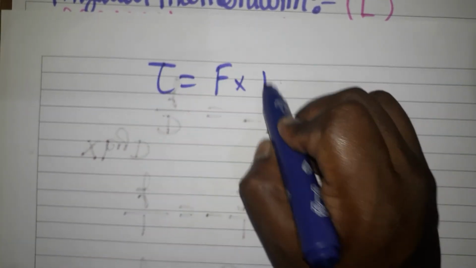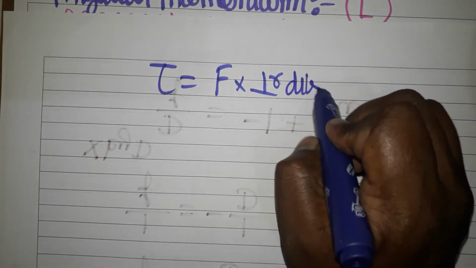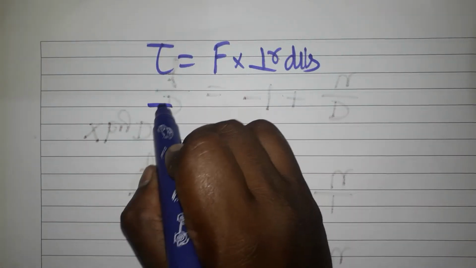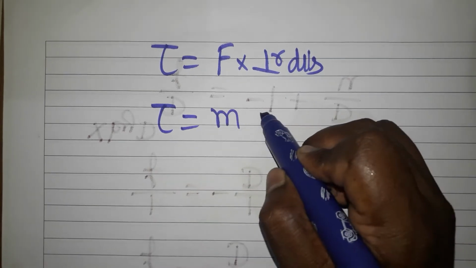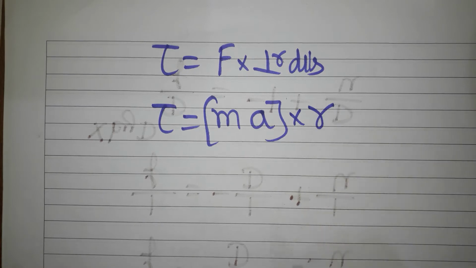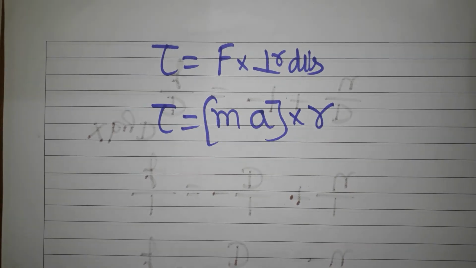So what is torque? Torque is equal to force into perpendicular distance. Force is equal to mass into acceleration, and the perpendicular distance we can take as radius. Now I am going to teach you another relation because it's required.